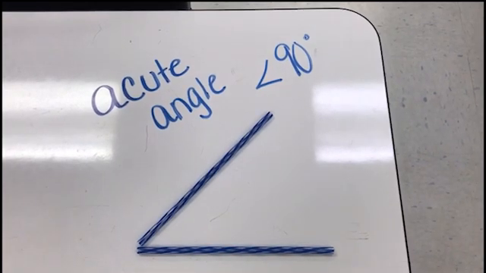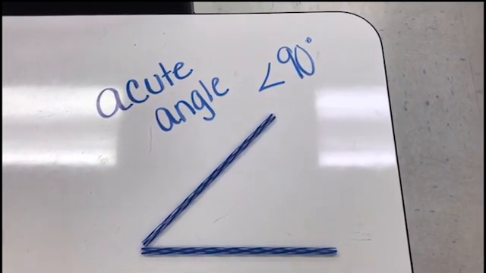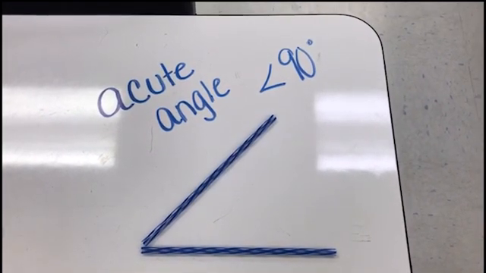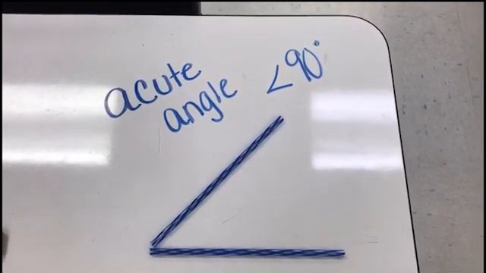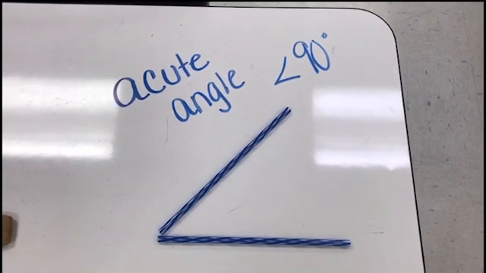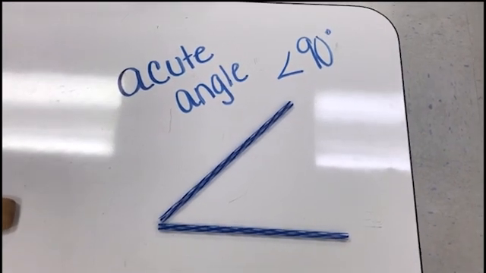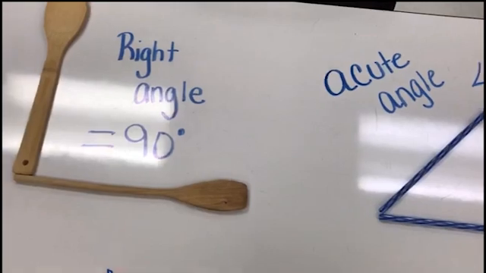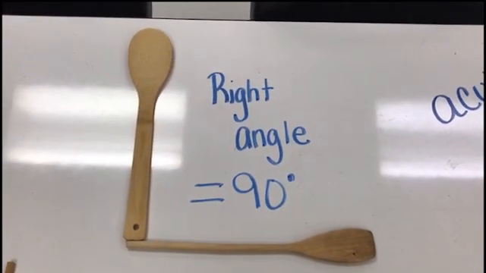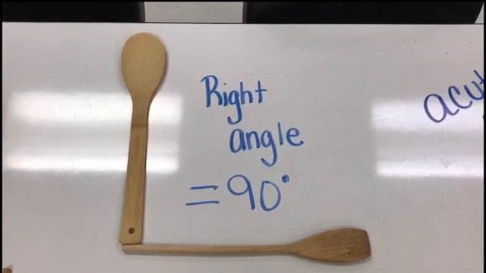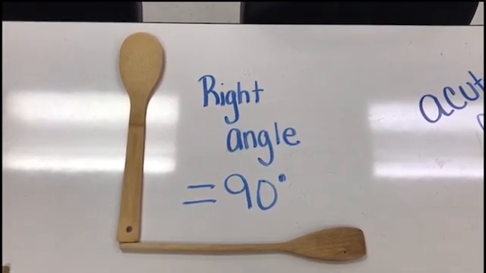Okay, so here is an example of how you can use household items to make some angles. This is an example of an acute angle, which means it is less than 90 degrees, and we've just used some straws to make that one. The next angle would be our right angle, and it is equal to 90 degrees, and we just used some spoons that you can find around the kitchen.